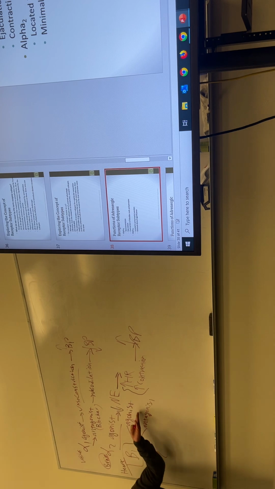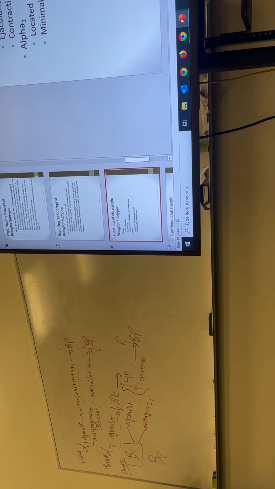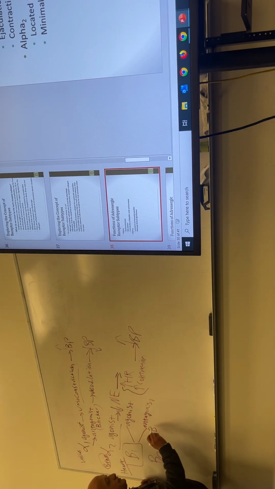Now, knowing the agonist, the response to the antagonist is easy, right? The antagonist is blocking the beta 1 receptors. Make sense? So if you use the beta 1 antagonist, they call it a beta 1 blocker. Have you heard of beta blockers?